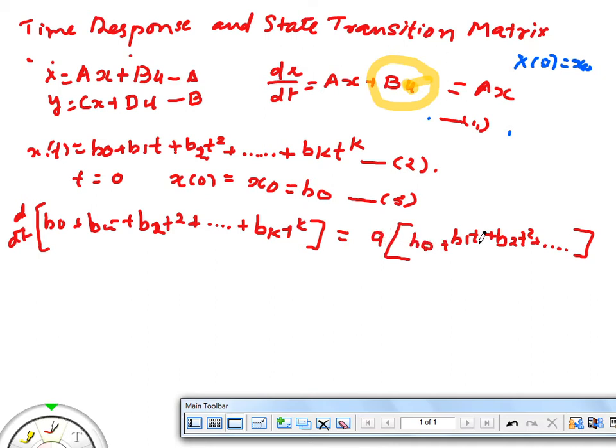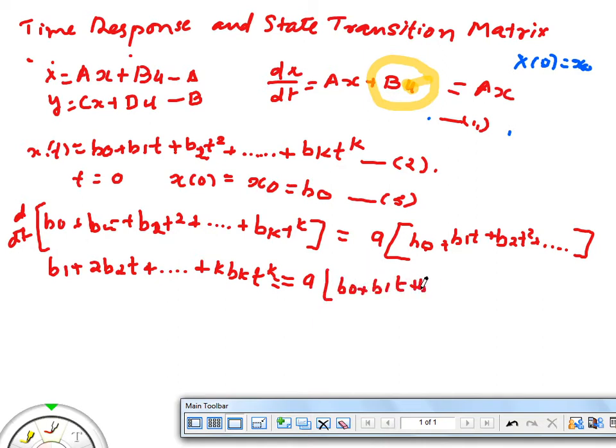Now I have to differentiate with respect to t. The b0 is a constant, so it will become 0. I will be getting b1 plus 2 into b2 into t up to k into bk into t raised to k minus 1 is equal to A into the bracket, whatever the term, b0 plus b1 t plus b2 into t square up to.